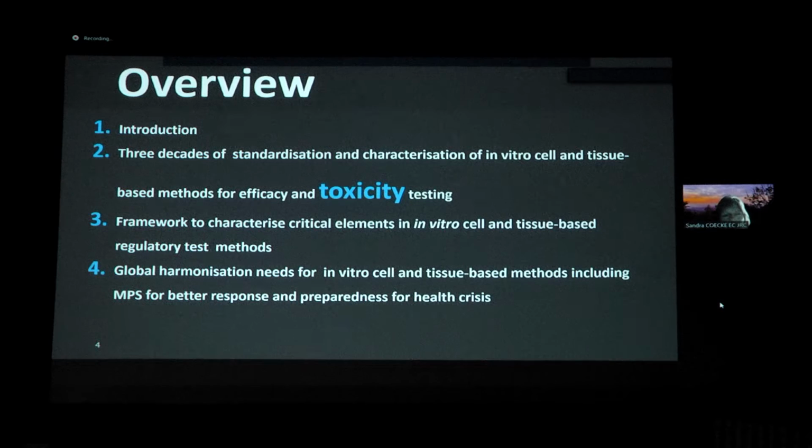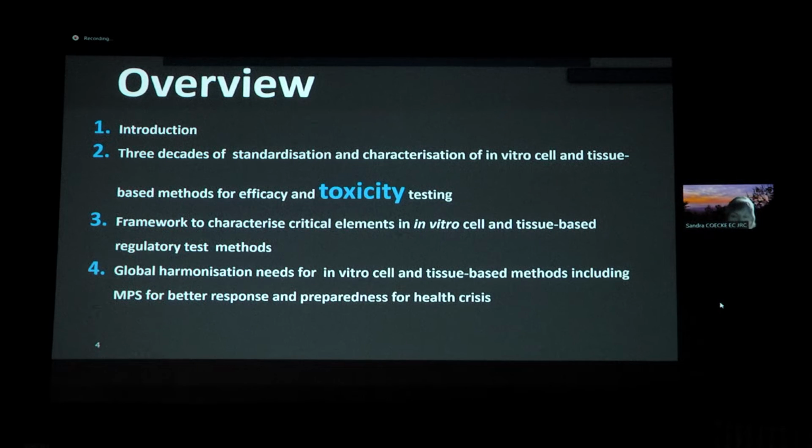And furthermore, as I said, working with OECD or with other standardization bodies, like European Pharmacopoeia, we have also been working with Thomas Hartung on some pyrogen methods. It helps for a global harmonization of these standards.